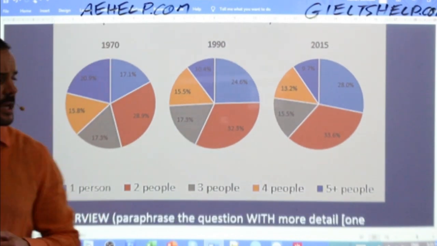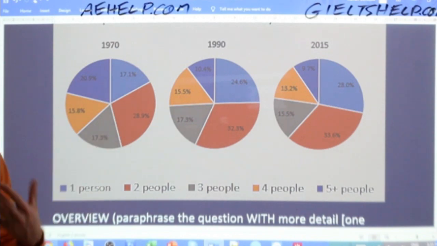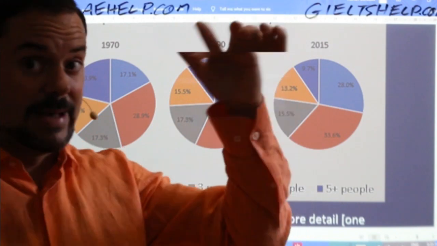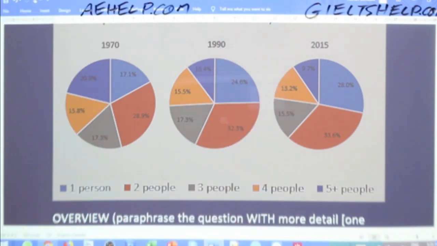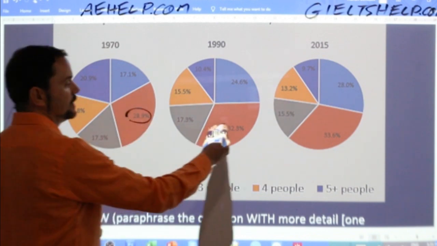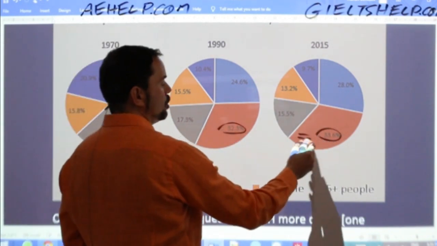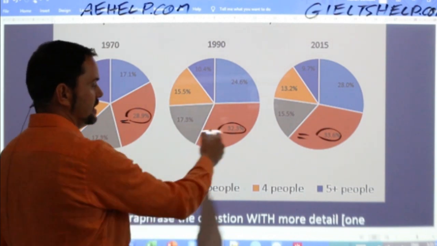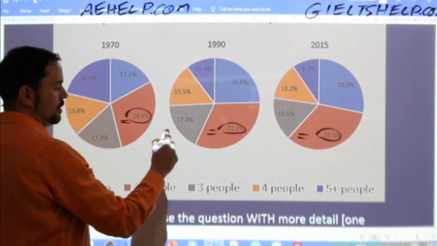The reason I wouldn't do numbers, and this is my logic here, so if you're really going for those high band 8, band 9 scores, the reason why I don't do percentages here is because all of these are very close, okay? There's only a 3-4% difference here. So these are all about 1/3.